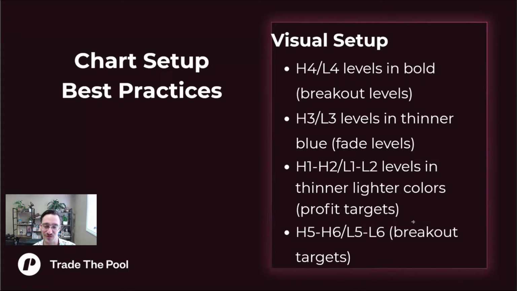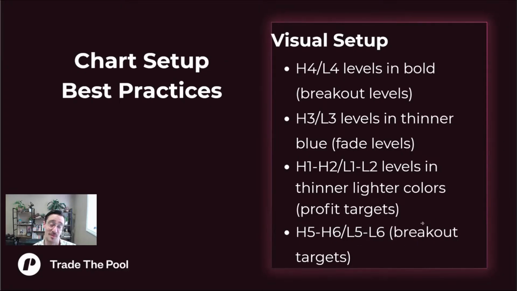They're more just take profit targets if you faded a big H4, for example, or a smaller H3, one of these above levels. You're just looking for these as potential take profit areas. So they're thinner for me. They're lighter color, and they're less visually grabbing.